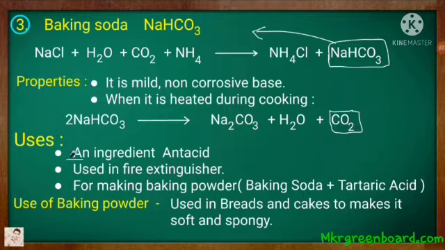Baking soda's uses: it is used as an ingredient in antacids. It is used in fire extinguishers. Third one, for making baking powder, that is baking soda plus tartaric acid is nothing but baking powder.